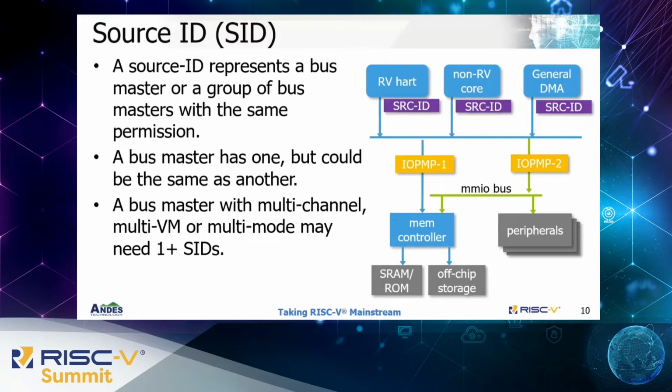If a group of bus masters has the same permission in every memory region, they can use the same source ID. In addition, some bus masters may play different roles, such as multi-channel DMA, a processor with multiple modes, or a processor running multiple virtual machines. In such a case, we should use different source IDs to distinguish the real source.